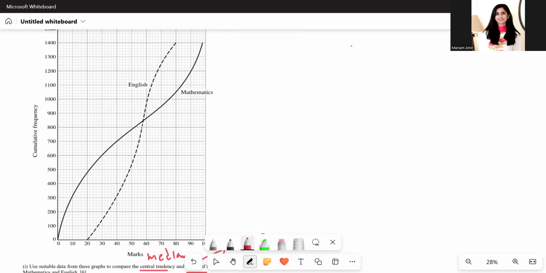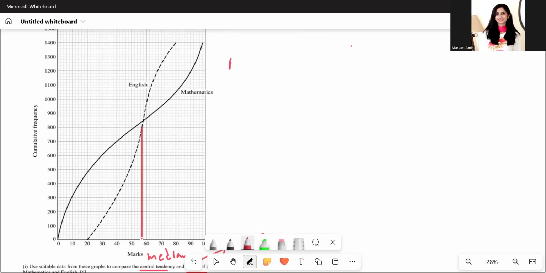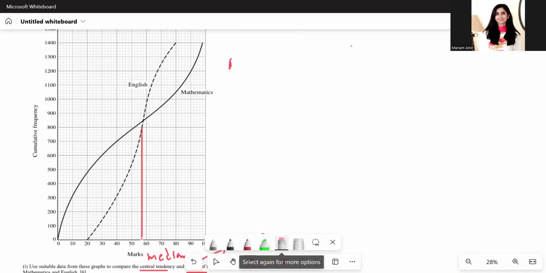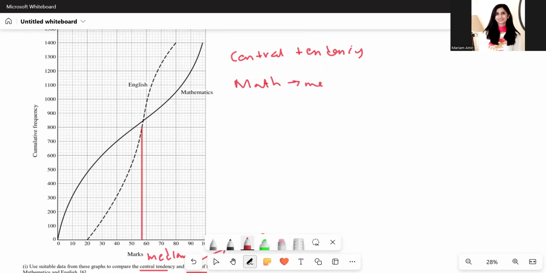Looks like 57 to me. So first of all, I'm going to write central tendency. For central tendency, math has a median of, what was that, 57?